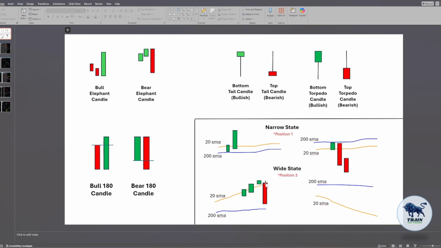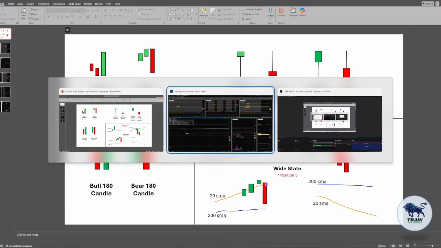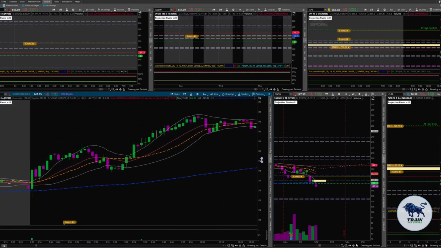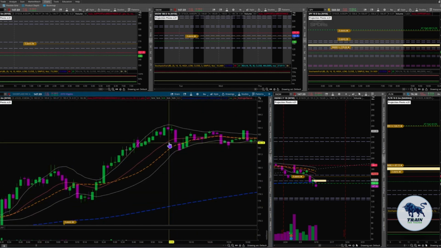This is your lowest risk trade. It's extended to the top side, so you don't want to be buying calls in a wide space up here. This is a no-no. Your lowest risk trade is to the downside.